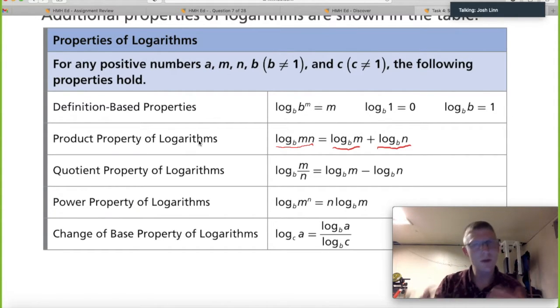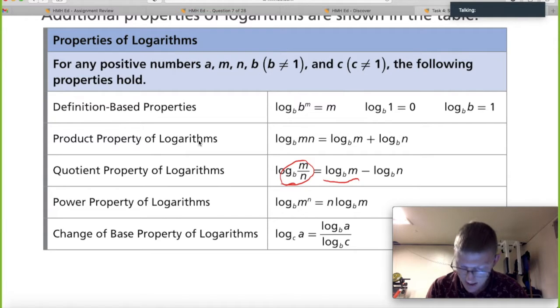This corresponds a little bit with the exponential rules. That's kind of how I remember them. So log base b of m over n is equal to log base b of m minus log base b of n. Super hard to say over and over again, but whatever.